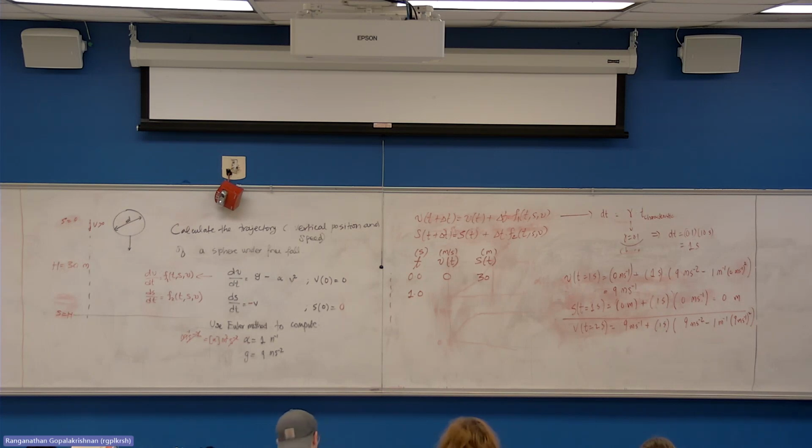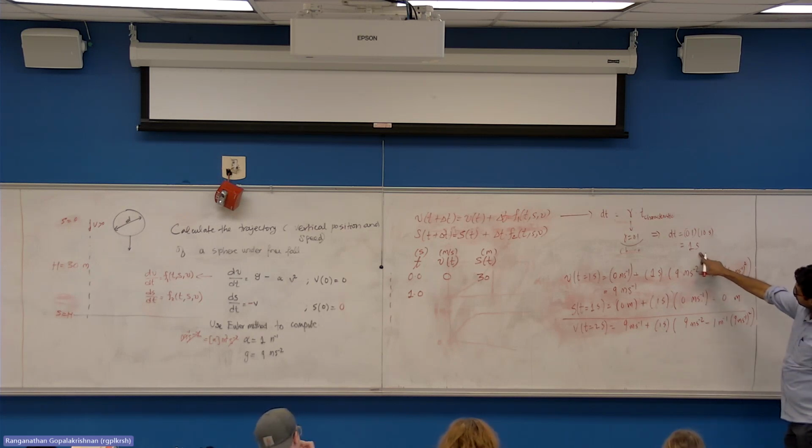Something is not adding up here. If v is 9 meters per second, this becomes 81. That is 9 minus 81. That's like the ball suddenly reversing upwards. Maybe we should use a smaller time step.